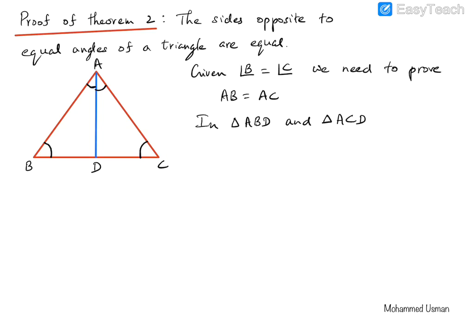Now, to prove the congruence of triangles ABD and ACD, we need to look at the angle on either side of D, which is angle ADB and angle ADC, which is the angle over here and the angle over here. So let me mark that with a different color.